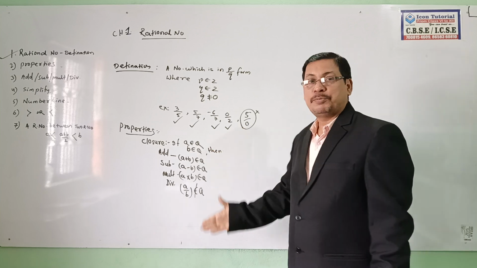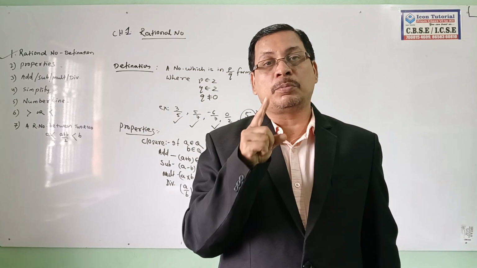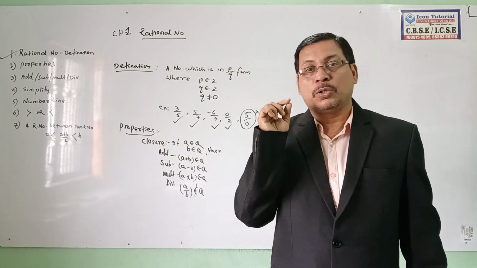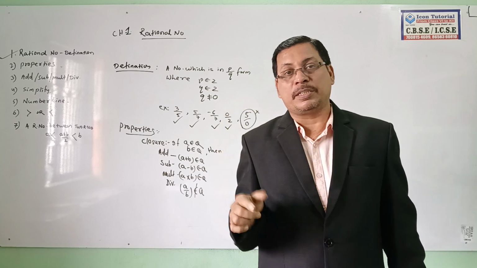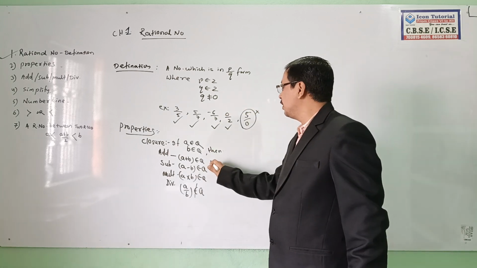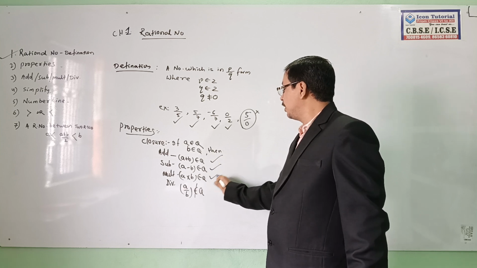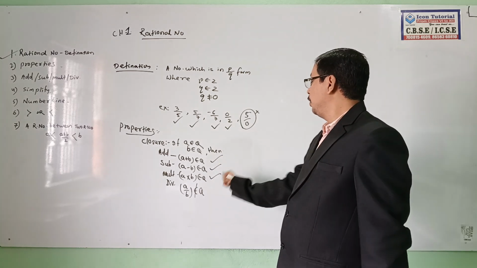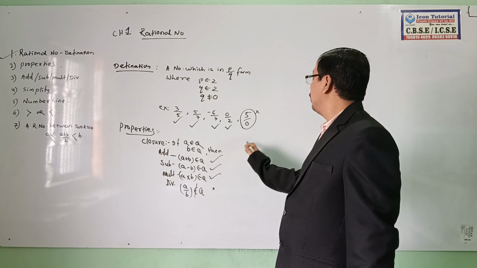So closure property for addition, subtraction and multiplication is satisfied, but for division it is not satisfied.